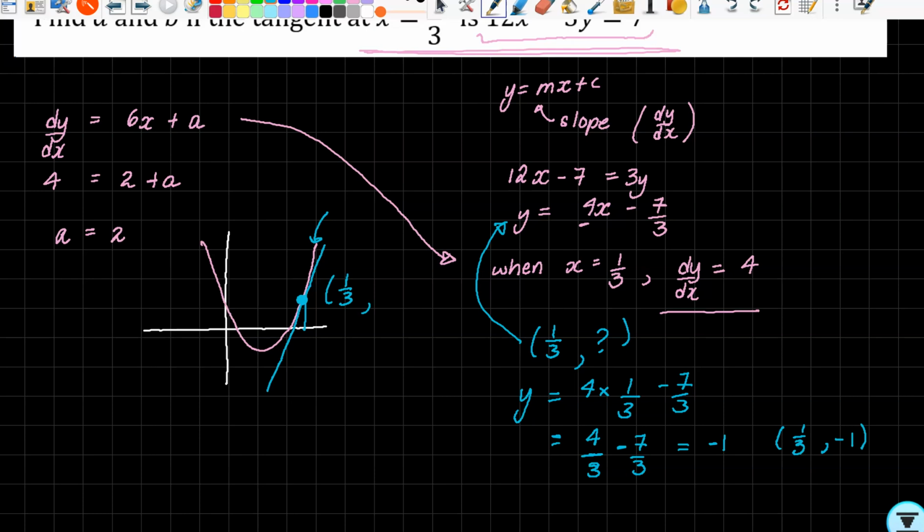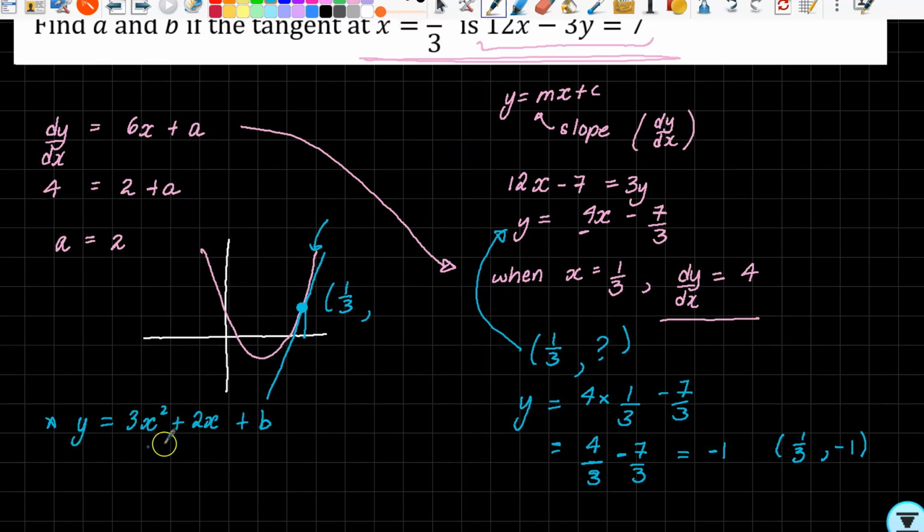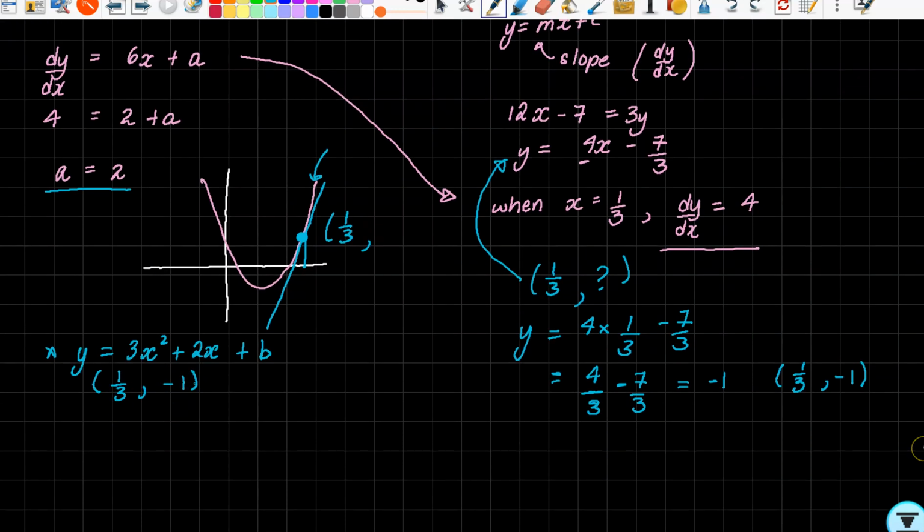From our original, 3x squared plus ax plus b, we have discovered that a was 2, so I've substituted it in. And now I'm going to substitute in my point that lies on this line, 1/3, minus 1. So the y value is minus 1.